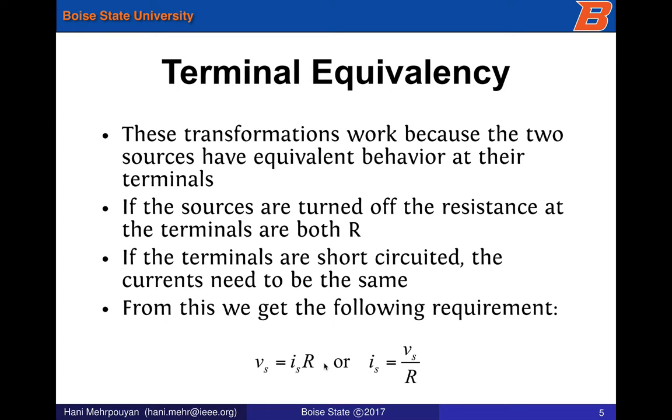If we redraw the circuit with the current source, the Is should be equal to Vs divided by R. So if you transform the voltage source that has a resistance R in series with it to a current source that has a resistance R in parallel with it, the new current source value should be Vs divided by R. And vice versa, if you have a current source that has a resistance R in parallel with it and you want to transform that into a voltage source, the voltage for that source transformation would be Is times R.